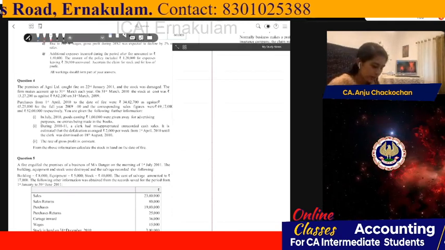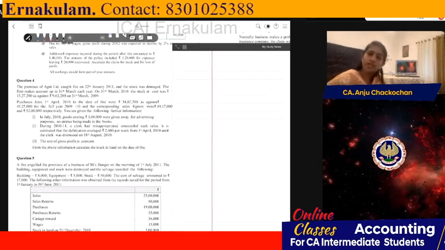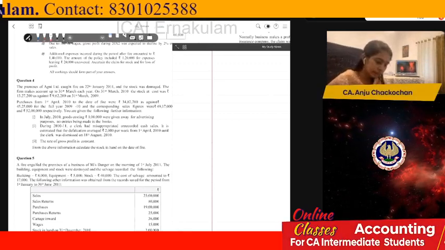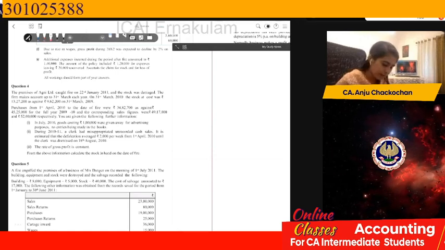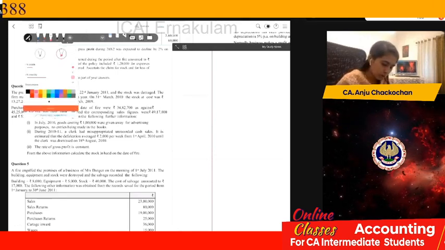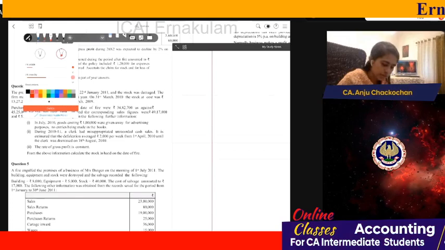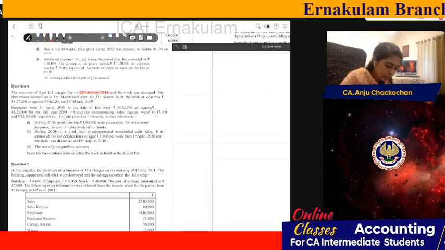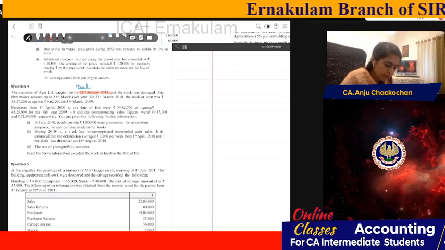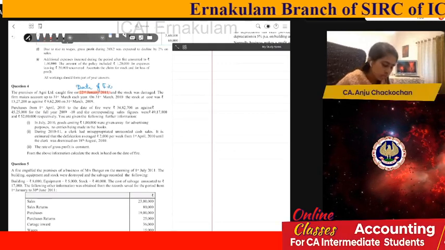Listen, question 4, let's read and analyze that. The premises of Agni Limited caught fire on 22nd January 2011. So this is the date of fire. Stock was damaged.